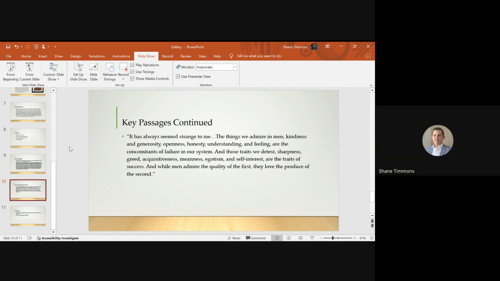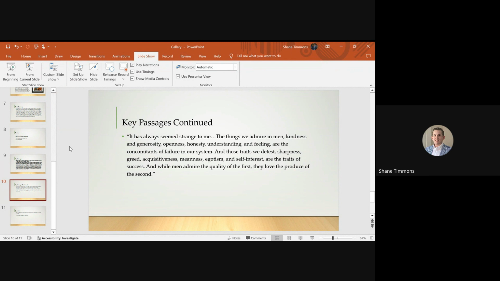When you're doing business, you're trying to sell a car, you really can't be generous. You really can't be open. You really can't be honest. You really can't be understanding. I mean, really, in all aspects of business. If you want to make a fortune, if you want to line your pockets, then some people just completely throw those things out the door, and then they pick up the second set there.